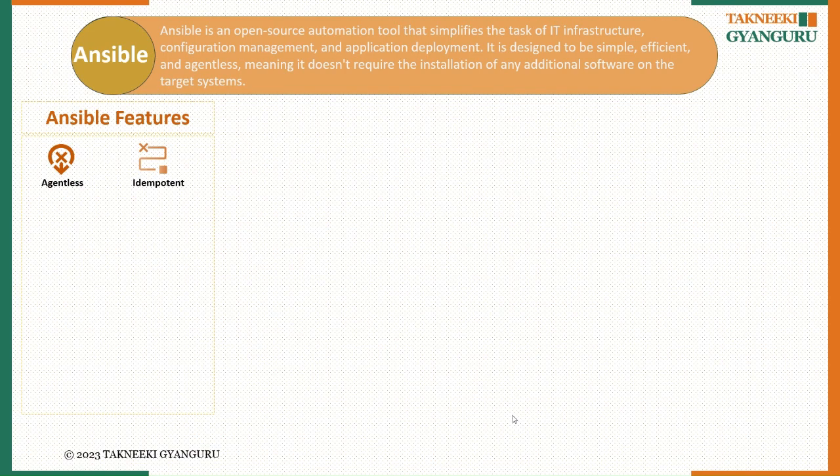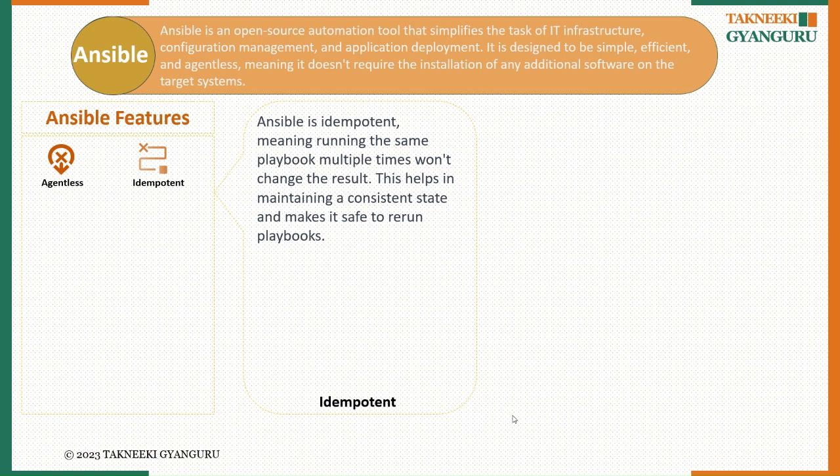The second thing is idempotent. Idempotent basically means you can run your playbook multiple times. Suppose you are installing Tomcat, and you can run the same playbook to install Tomcat. The first time it will install, and the second time, if it is already installed, it will not impact anything.